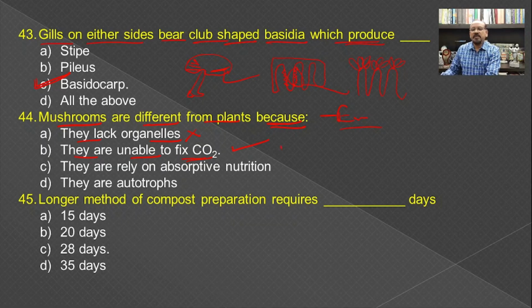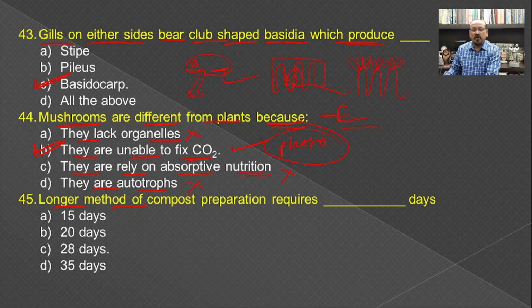This is the correct one, because the mushrooms do not carry out photosynthesis, and the fixing of carbon dioxide is carried out by the plant, in the process known as photosynthesis. Then they rely on absorptive nutrition. This is wrong. They are autotrophs, and that is also wrong. These are the saprophytes, and hence B will be the correct answer for this question.